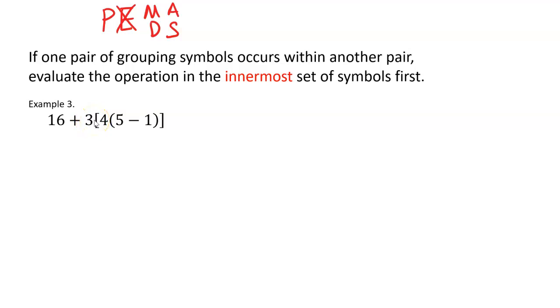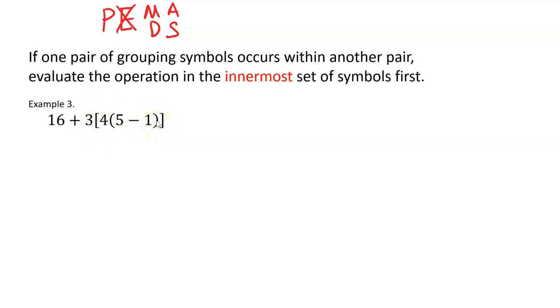Multiplication is usually the only operation that can be omitted; you don't have to have any symbol. In fact, we have brackets or parentheses to separate them. So we have 3 times 4 times 5 minus 1, and the brackets tell us everything inside is all together. So we need to do 3 times whatever is inside the brackets.